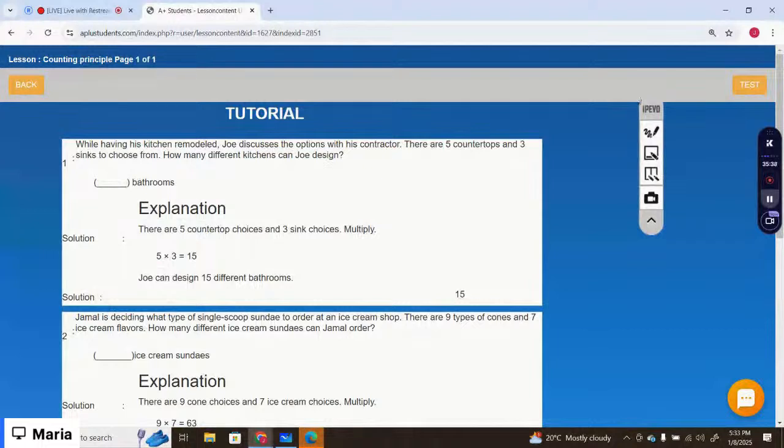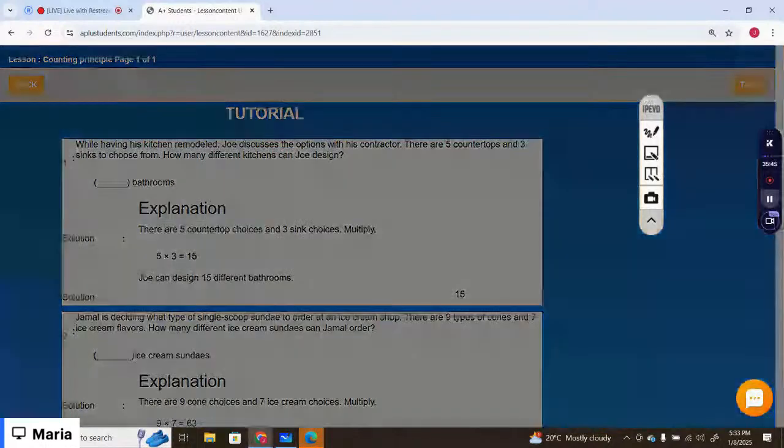That is 5 times 3, because 5 options for the countertop and 3 for the sink. So the correct option is total 15 designs are available for the kitchen.